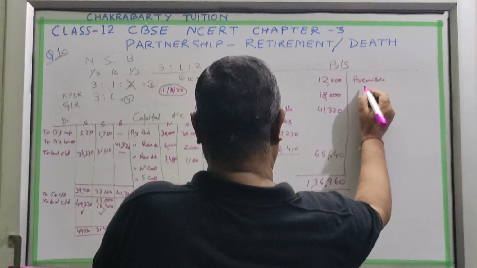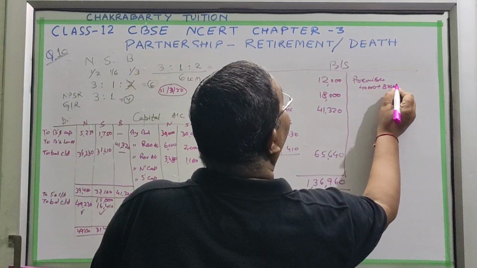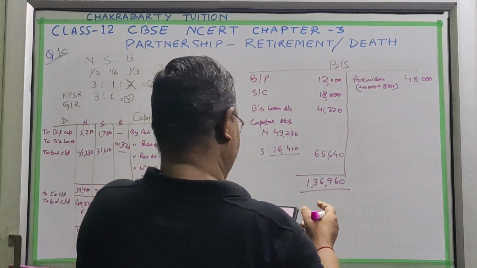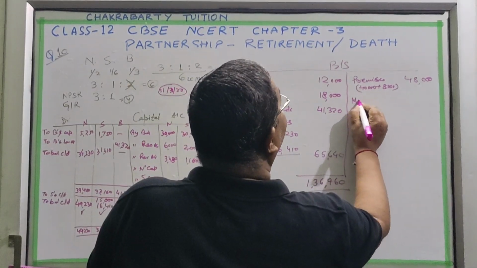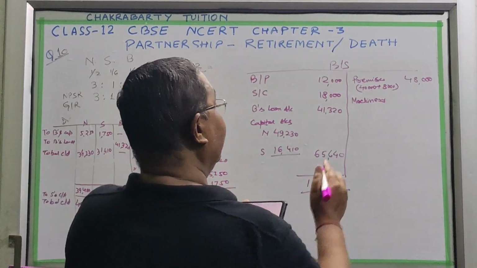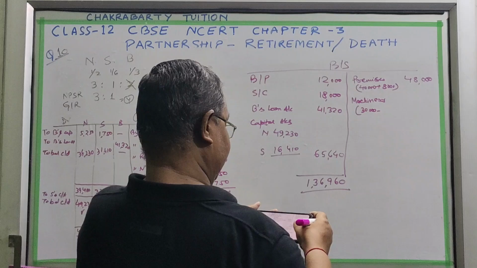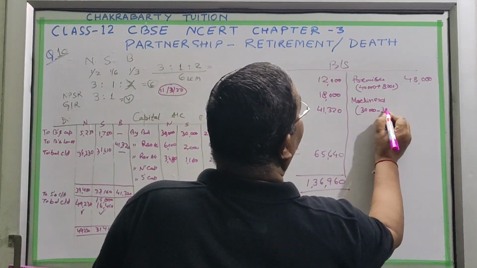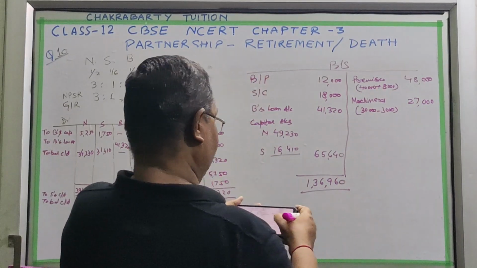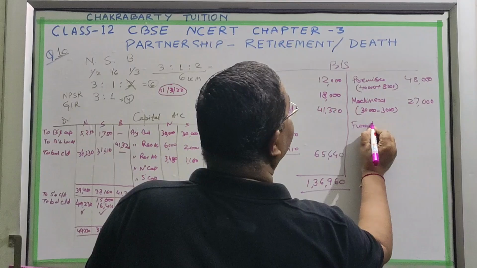Premises we have appreciated: 40,000 plus 20%, 8,000 we have appreciated, so it will become 48,000. Then machinery we have depreciated. Machinery is 30,000 and we have depreciated machinery by 10%, means 3,000 we have depreciated and it will become 27,000. Okay, third item is furniture. Serially you go, then you will not make a mistake.